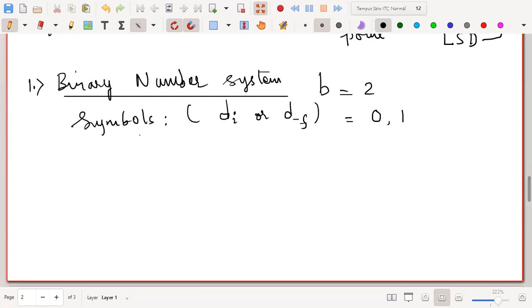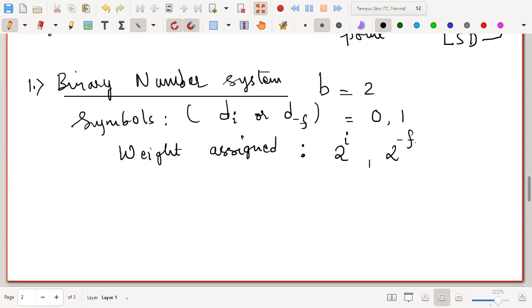And the next one is the weight assigned. How are the weights assigned to this number system? The weights are assigned in terms of 2 raised to the power i for integer, or 2 raised to the power minus f for fractional.